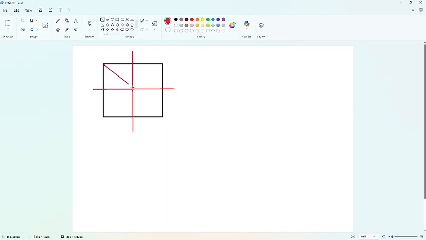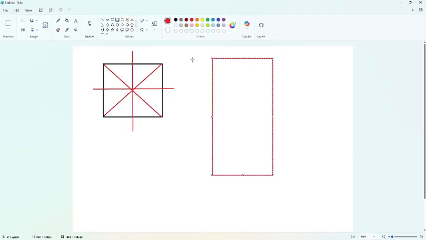And because it's a square, its folds can go this way, considered equal. They can do that. However, a rectangle, we cannot say the same thing about. A rectangle does not have as many as a square. It's going to have one here and one here.